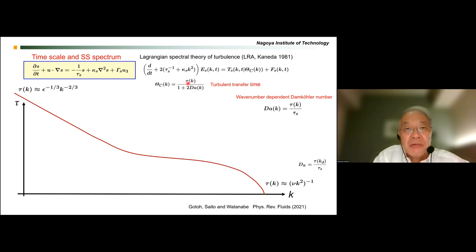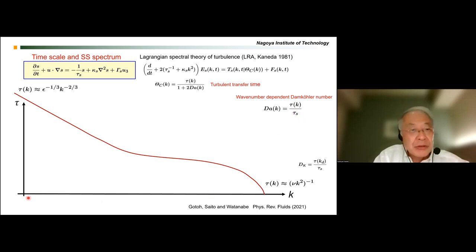Here, tau k is the characteristic wave number dependent turbulent time scale. And one important point is that it also contains the wave number dependent Damkohler number, which is the ratio of the tau k to the phase relaxation time, tau s. This is the key quantity.